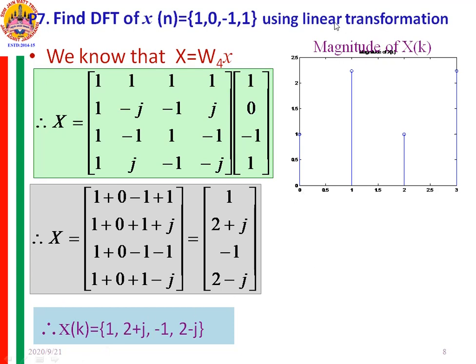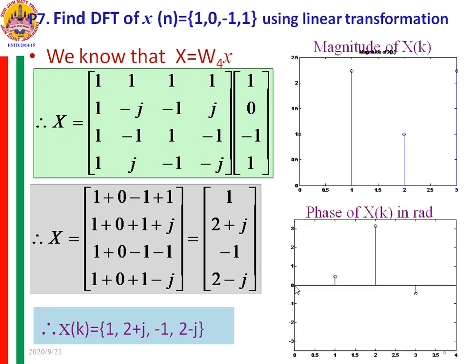Next, to plot the phase response, again you need to find the phase at each point. Now here for the first point and the third point, there are no imaginary terms. So that is tan inverse of 0, you can take it as 0. And then for the second point and the last point, the tan inverse of imaginary part divided by the real part.